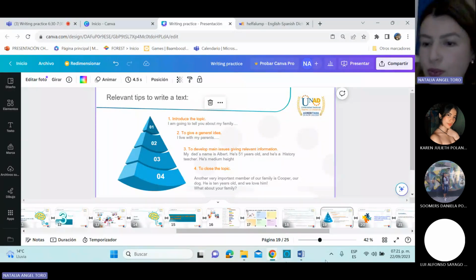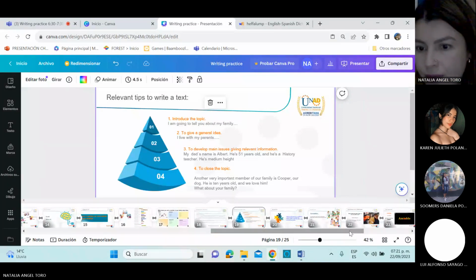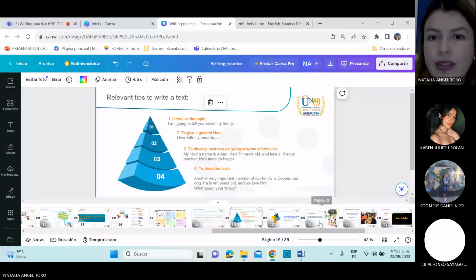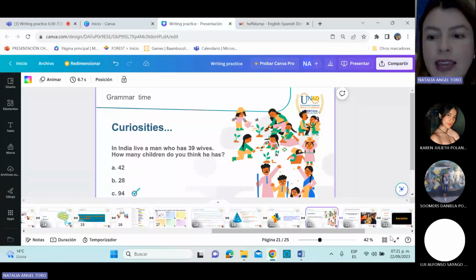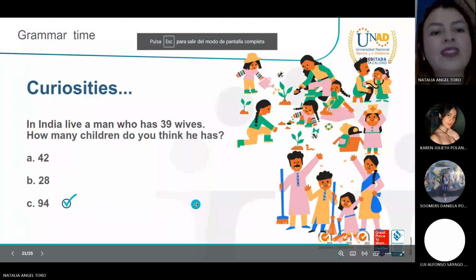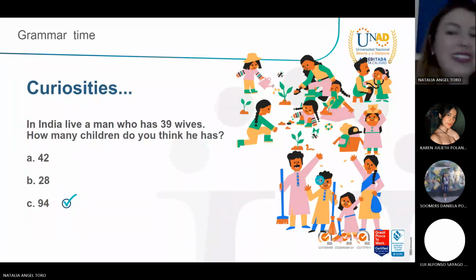So before to finish, I want to give you the answer. So who said C? 94 children. Can you imagine this family? 39 wives and 94 children.